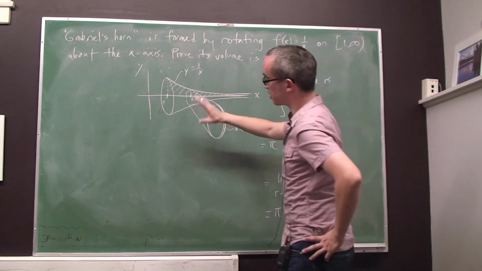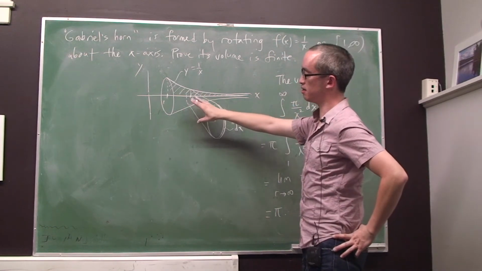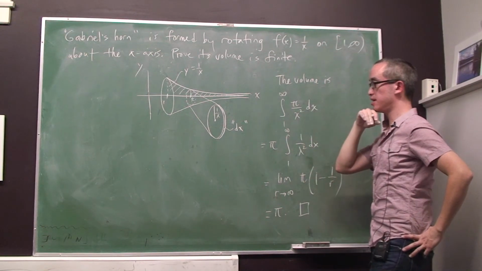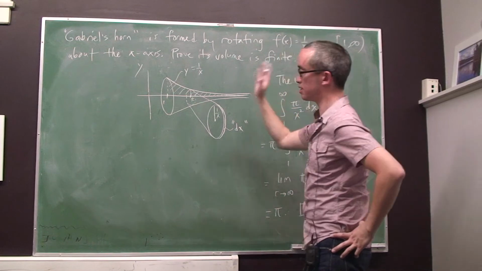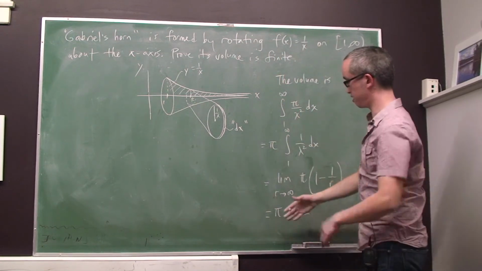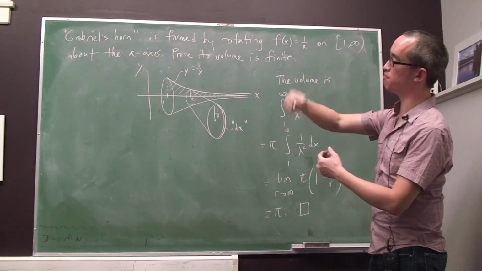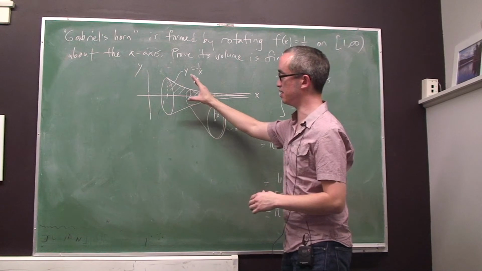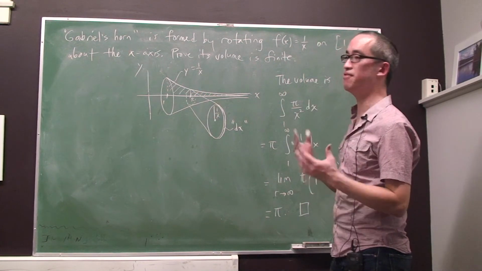So one way of looking at this, I'm not sure who suggested it, maybe Cavalieri. One way of illustrating this seeming paradox is if you filled this shape with paint, it would take a finite amount of paint. It would take, in fact, pi volumetric units of paint. But then if you took the paint out and you attempted to paint the outside of the shape, it would take an infinite amount of paint.